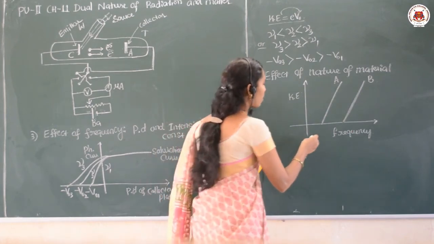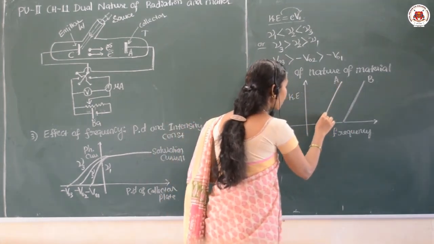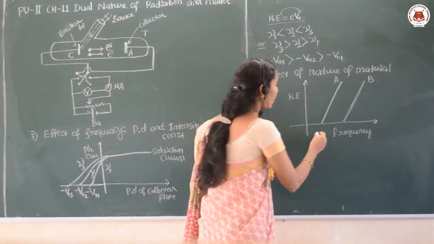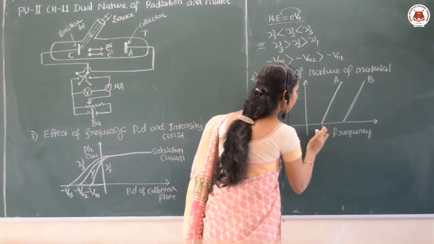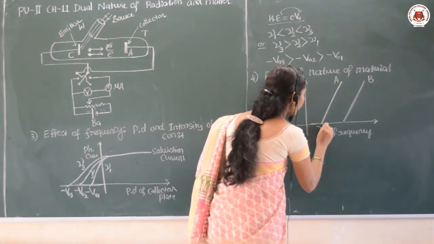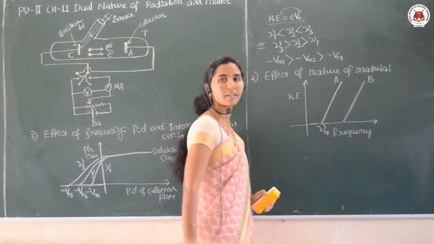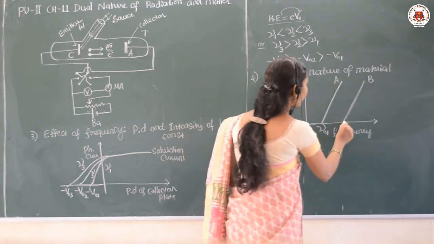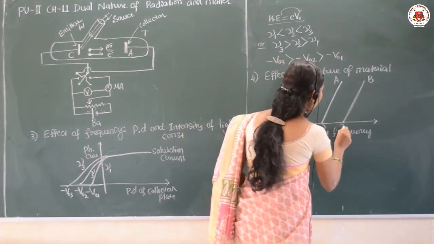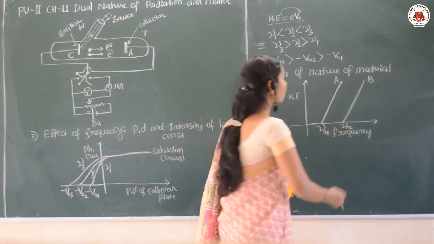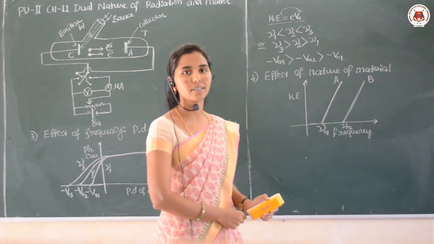So, by this we can observe that for the metal A, the threshold frequency of the incident radiation is taken to be nu1 here. And for the metal B, the frequency of incident radiation changes.